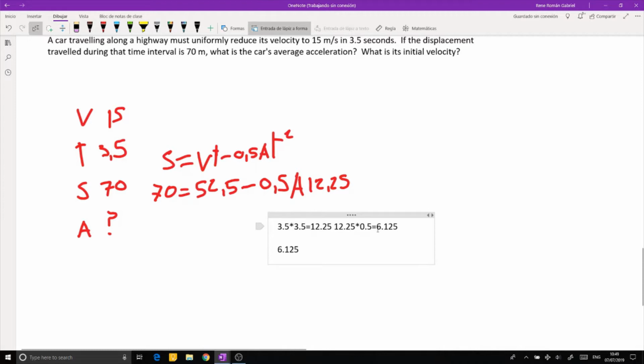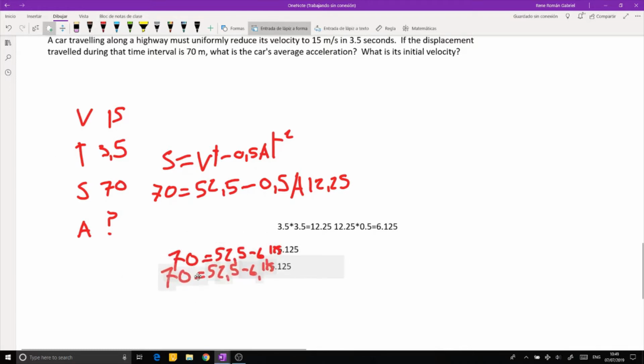And then we would have right now 70 equals 52.5 minus 6.125, and this times acceleration. So it's minus 6.125 times acceleration.